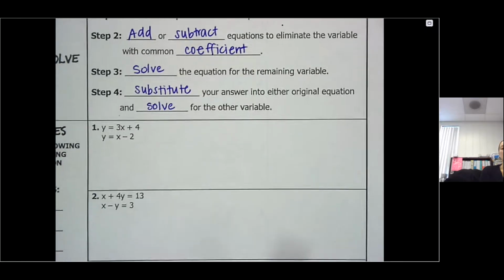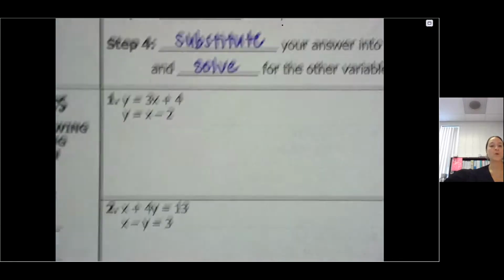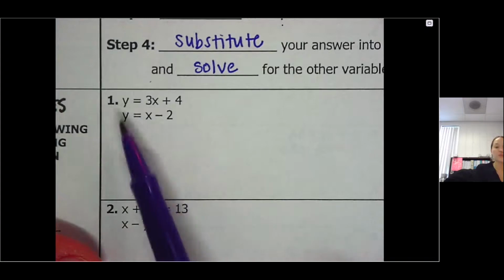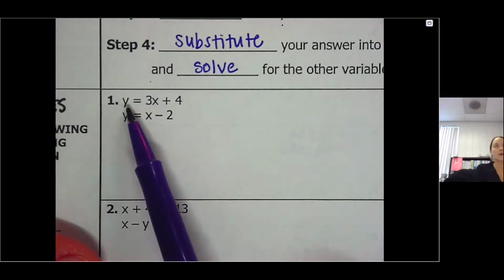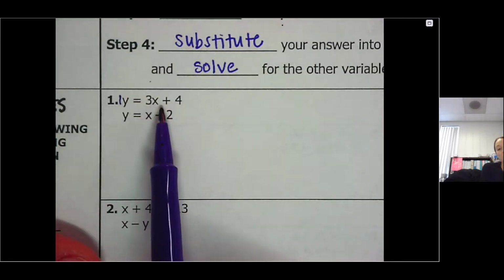Step two is we're either going to add or subtract our equations that have a common coefficient. So if you're looking at number one, what is the coefficient or the number in front of the y variable right now? 1. It's just a 1. What's the number in front of my x variable? A 3.